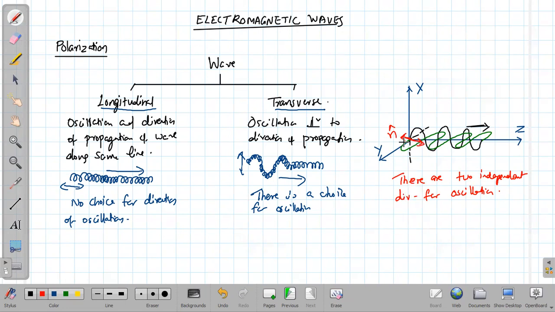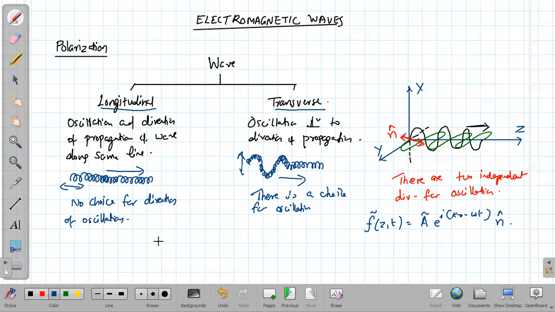The direction of the oscillation is called the polarization direction, and the corresponding plane of the wave is called the plane of polarization. If the wave is oscillating along n direction, then we can write f tilde of z, t equals a tilde e raised to i(kz minus omega t) along n cap.